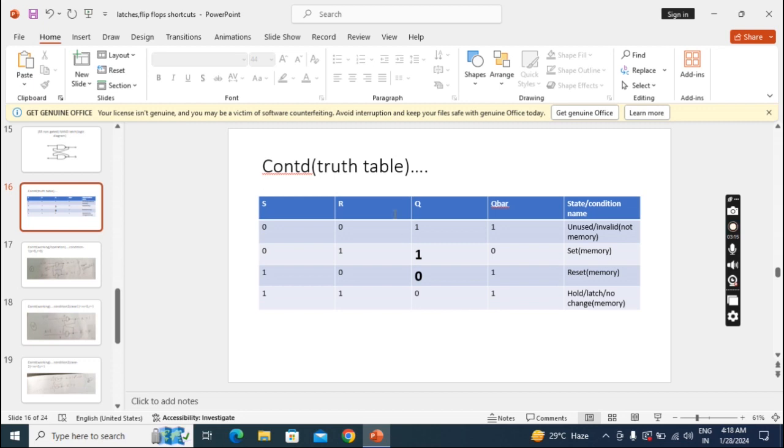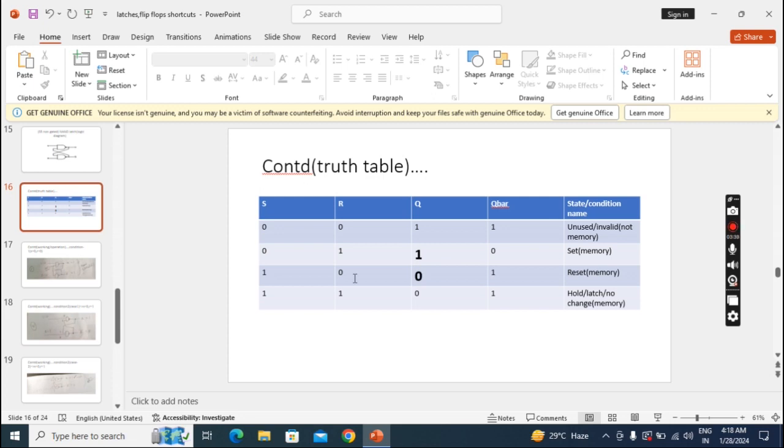Out of four combinations, I told you one we don't use. These three are memory, but out of these three, two are the same, so you can neglect one. Finally, we will consider the set condition and the reset condition. In the set condition, 1 is stored; in the reset condition, 0 is stored.